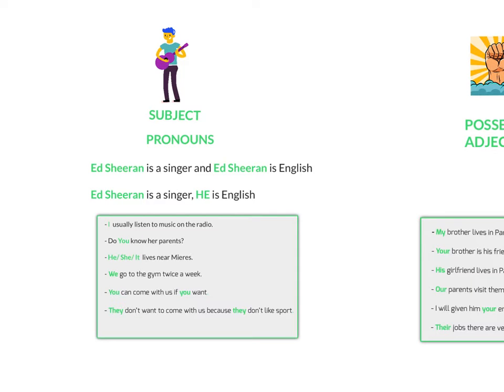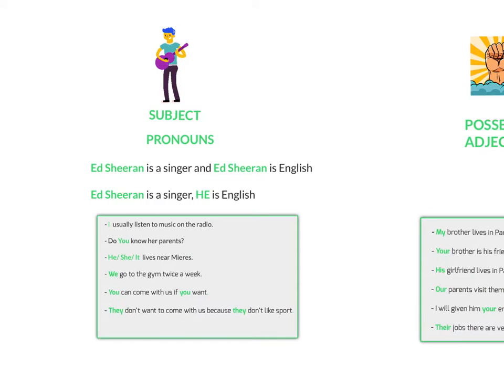There are 6 subject pronouns, and you've got them here in some examples. The first one is I. I usually listen to music on the radio. Do you know her parents? He, she, it lives near Mieres. We go to the gym twice a week.